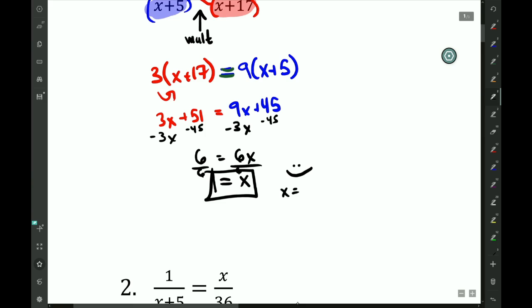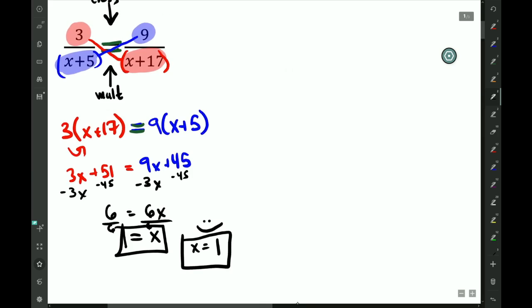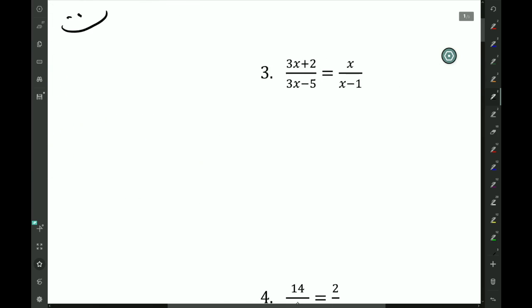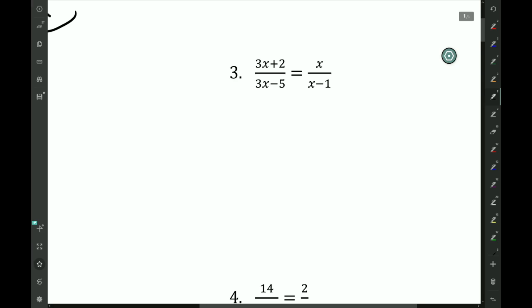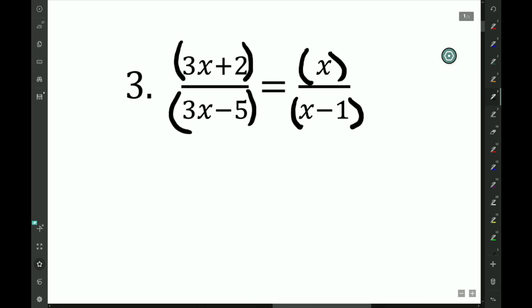Okay, so cross multiplying is when you have two fractions equal to one another, okay? So another type, just remember, you are multiplying the quantities of each piece. If you need to put parentheses, I encourage that, okay? Cross those out there.